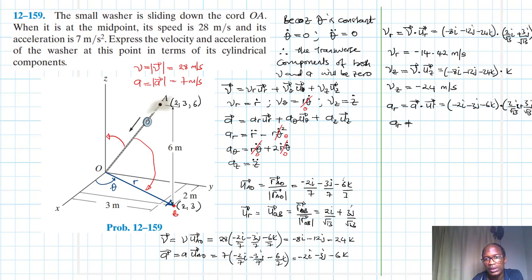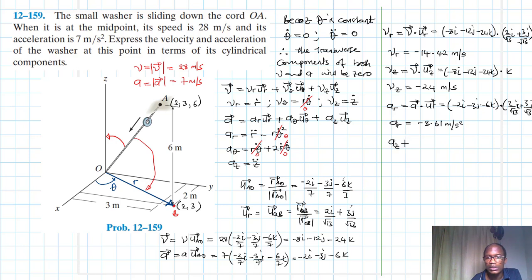Therefore, AR is just equal to minus 2 by 2 and minus 3 by 3 divided by root 13. And this gives us minus 6.1 meters per second squared.